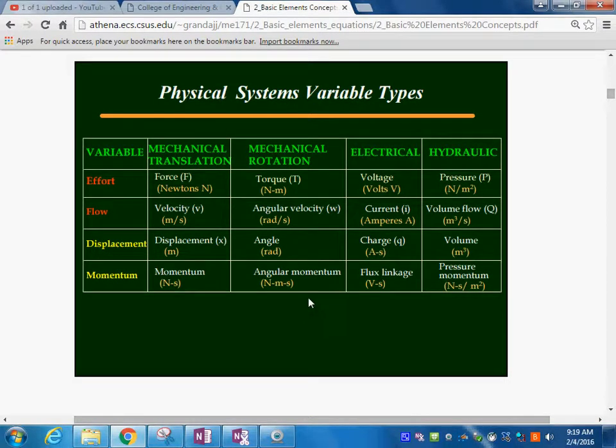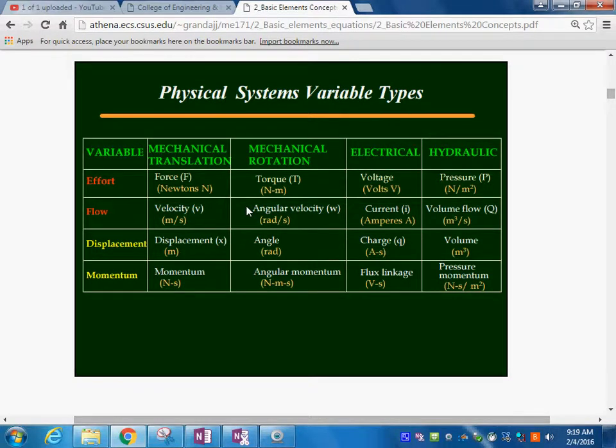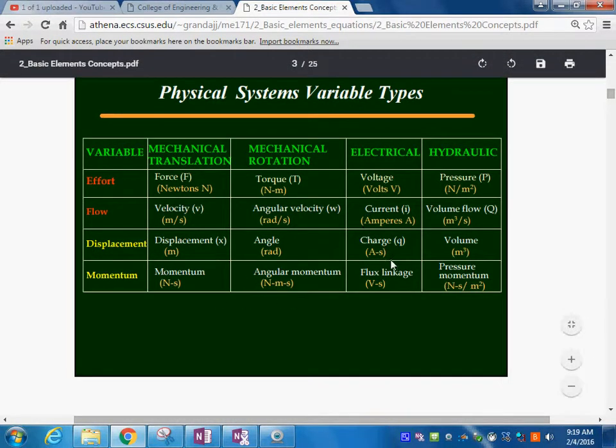If you look at the units in here, the physical systems, you have effort and flow, and the units in their energy domain. And so we're going to use four variables: effort, flow, the displacement, and the momentum. And each one of these, depending on which energy domain you are, has different units.